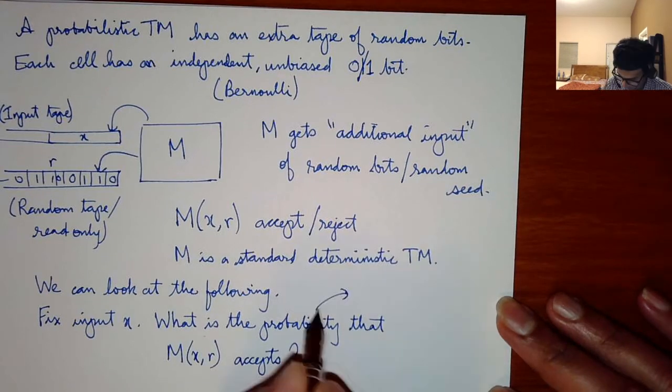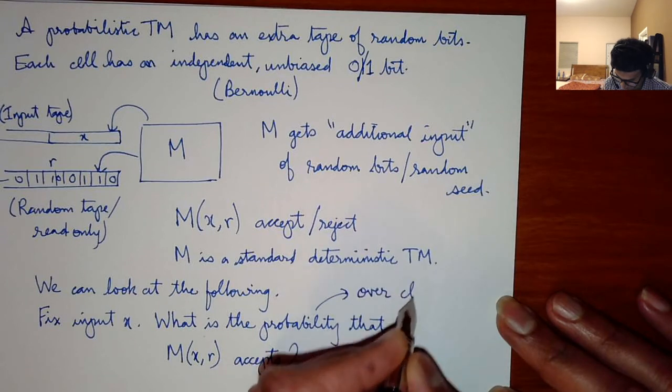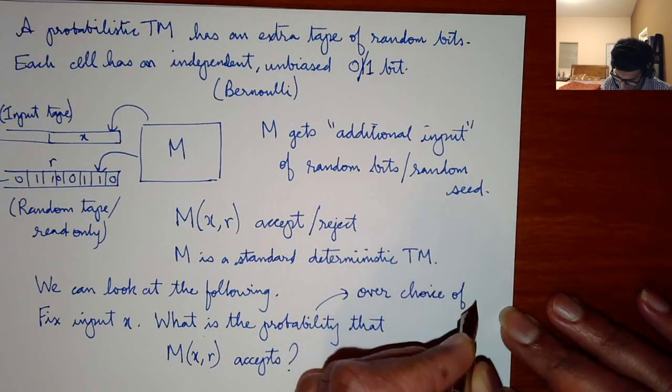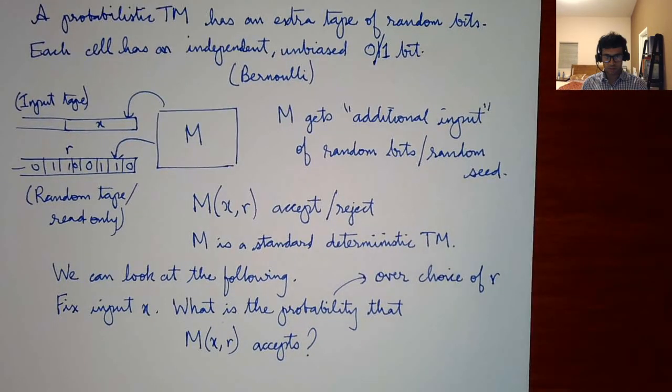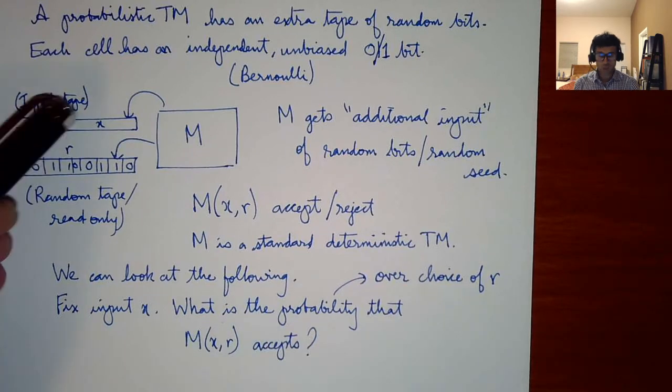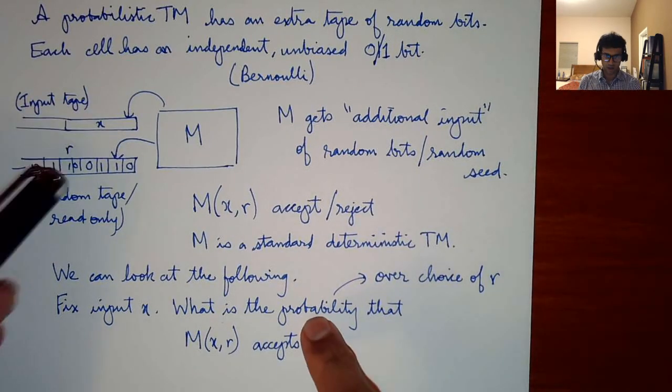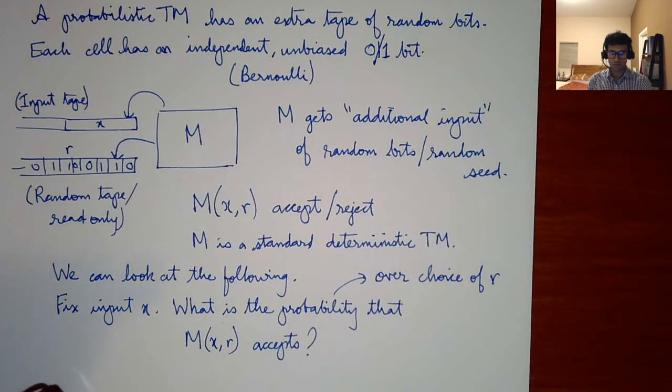Now this is the probability over the choice of R, of the random seed. So you can imagine you fix your X, and then you just keep changing R, and you run it. And you're looking at the probability over that space. What is important to note is that the probability depends on X, but the probability doesn't depend on R, because it's the probability over R. So for any input X, what is the probability over R that M(X, R) accepts?